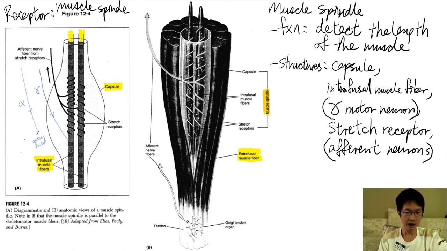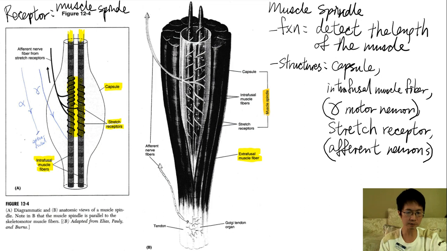And we also have stretch receptor. What are stretch receptors? Well, they are basically nerve endings, or axonal terminals, but they wrap around something. In this case, they wrap around the intrafusal muscle fiber. Oh, I colored it, but you cannot see it clearly. That's okay. These three nerve endings wrap around the intrafusal muscle fiber.